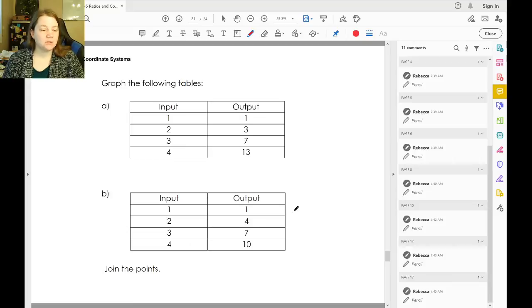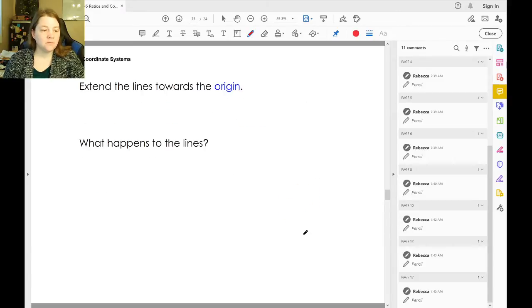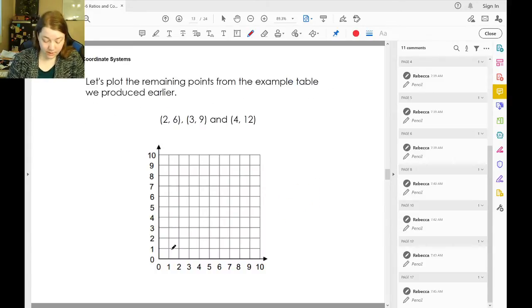Going back to look at the other numbers, 1, 1, 2, 4, 3, 7, 4, 10. When I put 1, 1 on the ratio table, and then I put 2, 4 on the ratio table, I would expect this line, first of all, to be able to pass through the origin, and it won't.